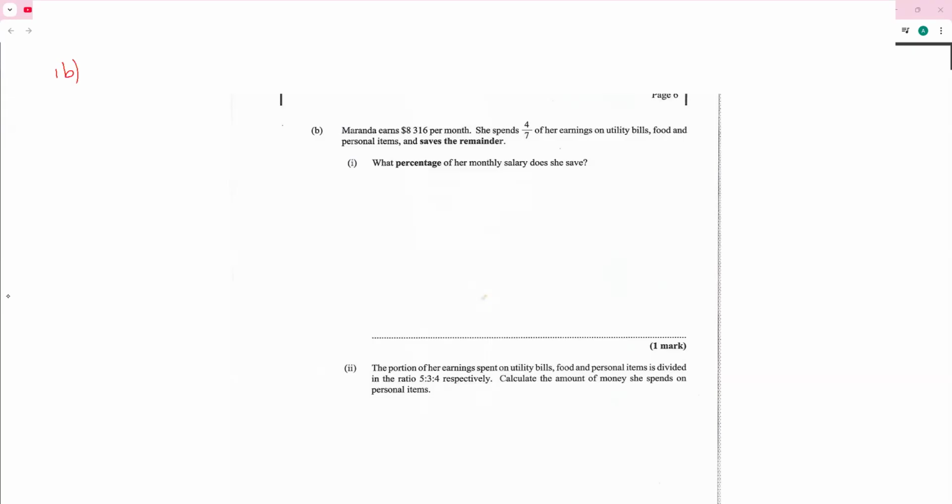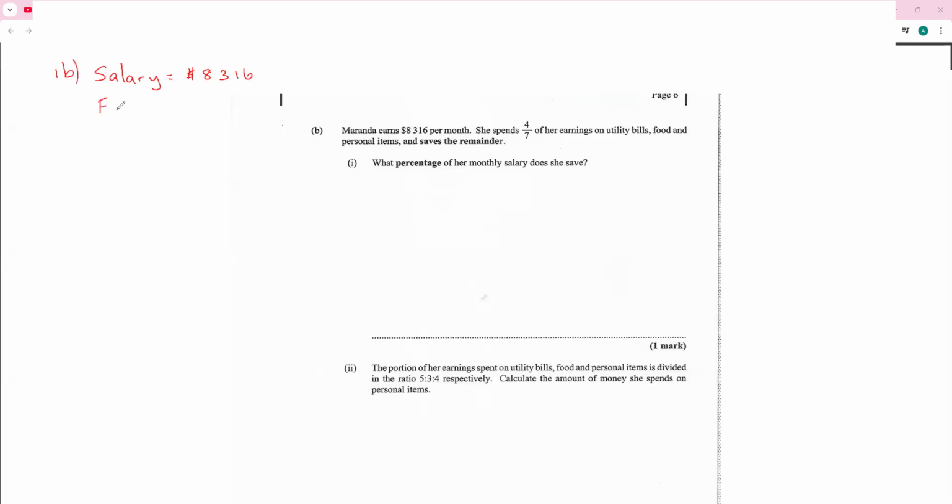So we know that our salary, our full salary, you don't have to write too much. It's just to make sure that we can see and identify what is important to us. So her salary is $8,316.